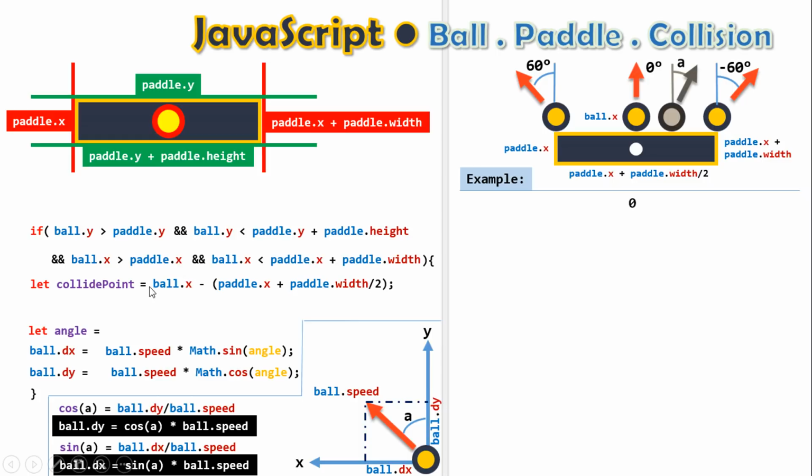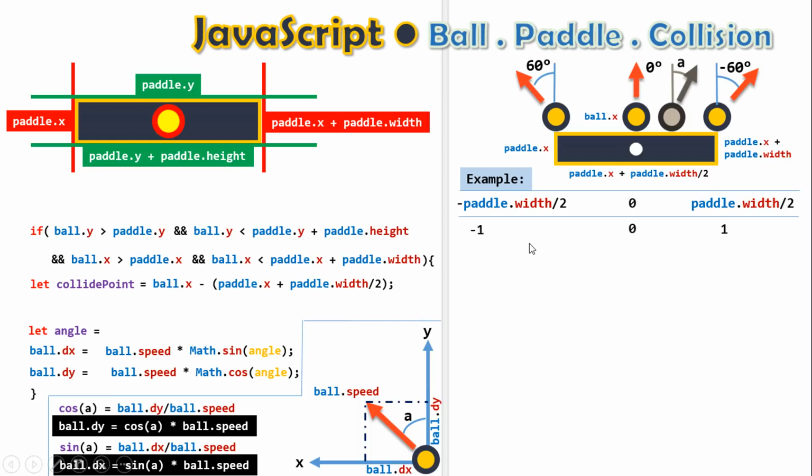If we say here paddle.x minus the paddle.x plus the paddle.width divided by 2, paddle.x minus paddle.x is 0, minus paddle.width divided by 2. So I will get minus paddle.width divided by 2 when the ball hits the left side of the paddle. And on the right side, I will get paddle.width divided by 2.